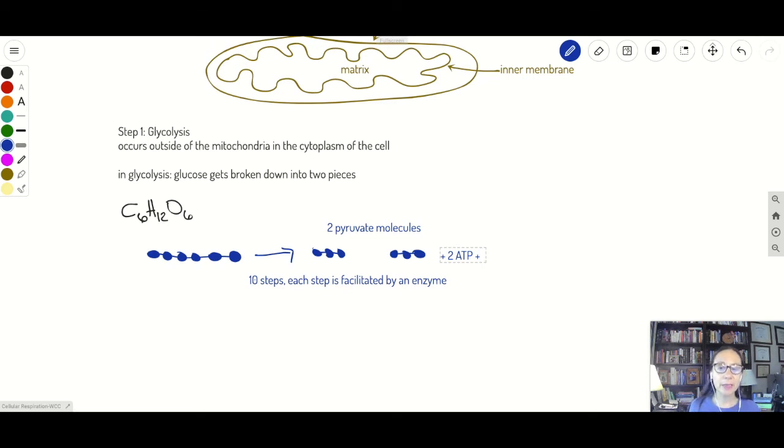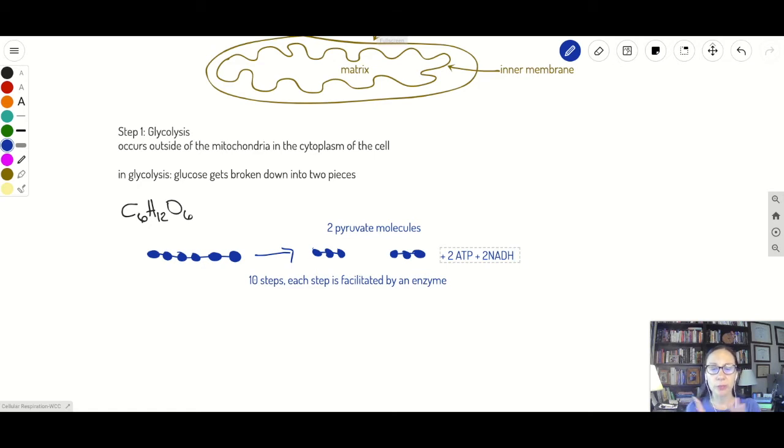But in the end of glycolysis, you end up with 2 ATP molecules. And then at the end, we also end up with this other type of molecule that holds energy called NADP. No, I'm sorry, NADH. Okay, and so NADH holds energy that can be used later. ATP holds energy that can be used later.